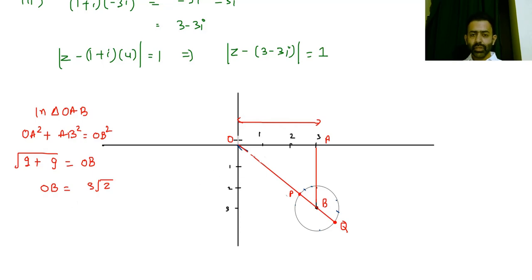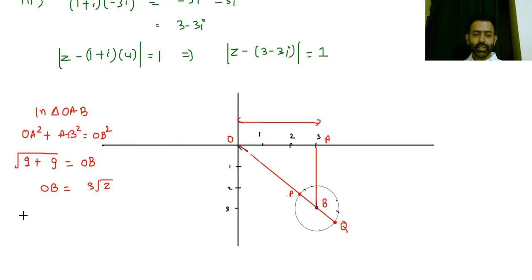And to this 3 root 2, if I add the radius of the circle, you will reach a point Q. If I add this radius to this OB, you will reach a point Q, and this will give you the maximum distance from the origin.